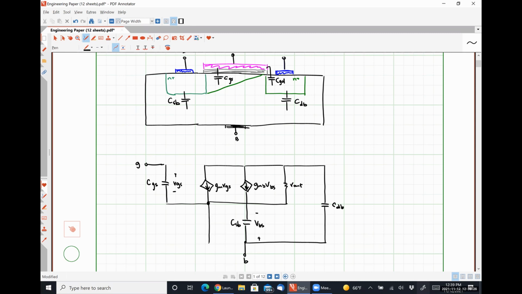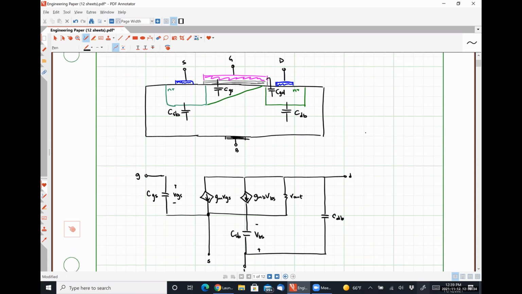Here is our source terminal. Here is our drain terminal. And our last capacitance occurs between the gate and the drain, so that guy's going to be right here. This is CGD.